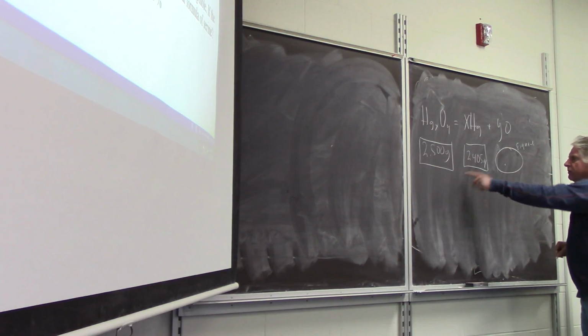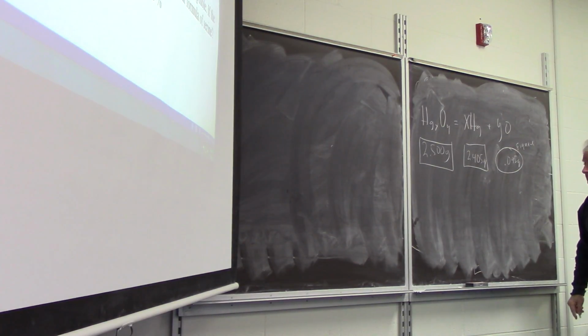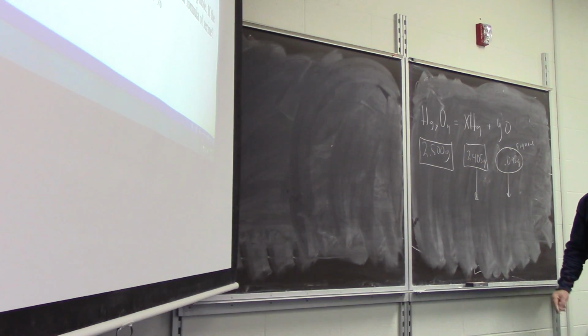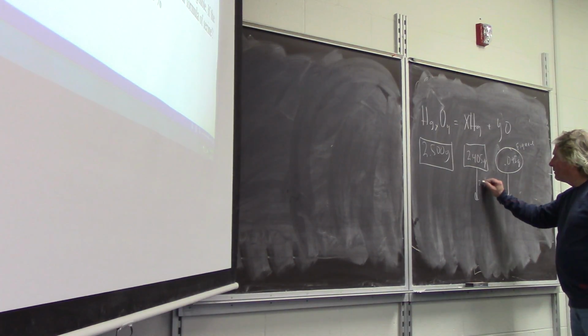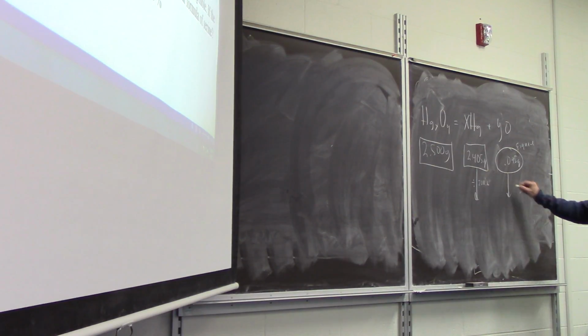What's the difference between these two? 0.095. Yep. We divide both of these by their respective molar masses. Mercury is 200.6. Oxygen is 16.